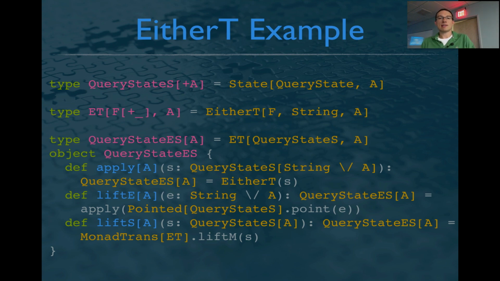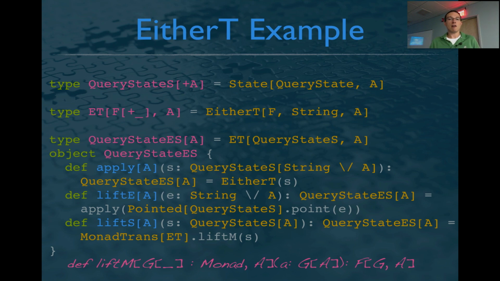And one of them is this lift-m operation, which has this signature that just says, given a G of A, as long as G is a monad, I can turn it into an F of G of A. An F parameterized on monad type G and value type A. And if you pull together all the types on this slide, you'll see lift-m is exactly what we need.